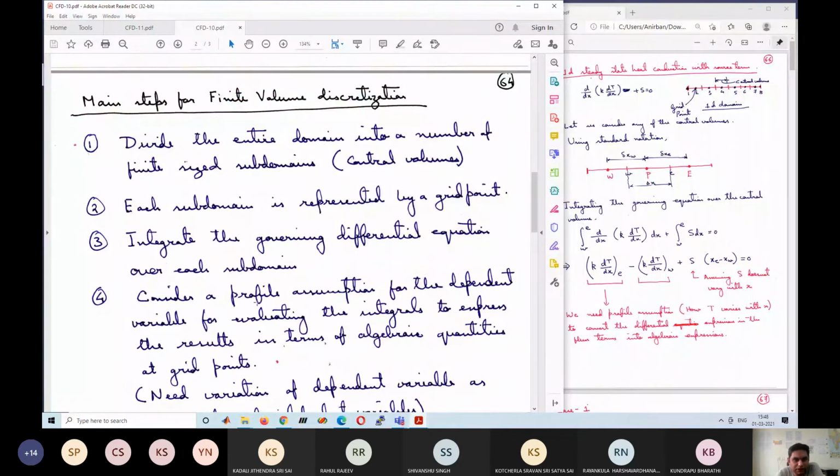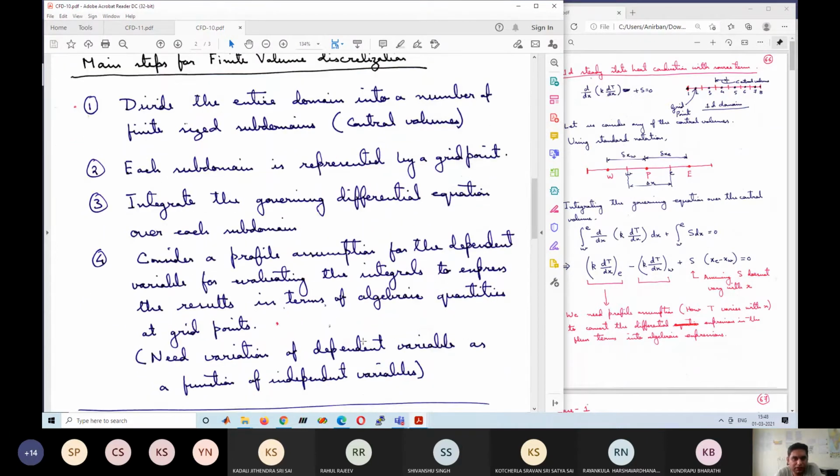That assumption of variation of phi is known as the profile assumption. So we have to consider a profile assumption for the dependent variable for evaluating the integrals, to express the results in terms of algebraic quantities at grid points.